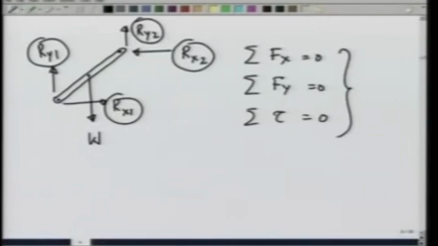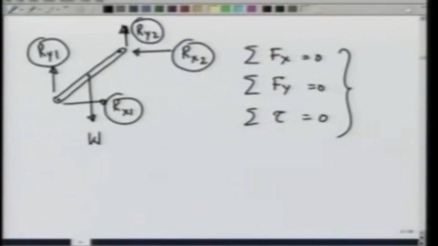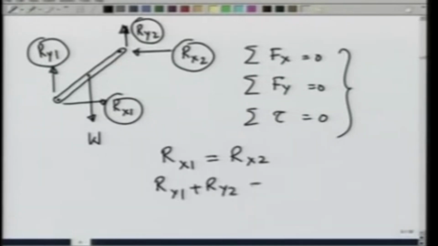So, I am putting an extra constraint here by providing a vertical force at the upper pin also. The conditions I get are that R x 1 is equal to R x 2 according to the way we have shown directions, R y 1 plus R y 2 equals the weight, and third condition is the torque condition.